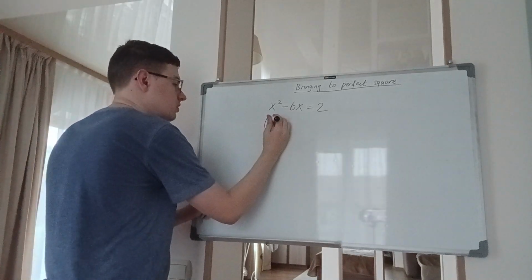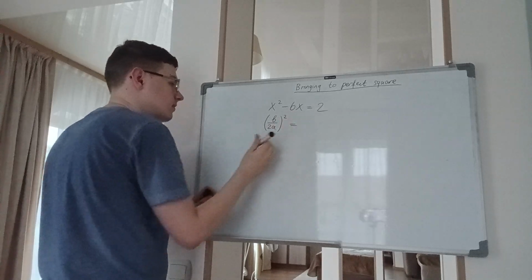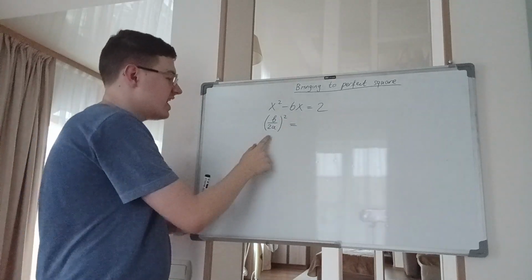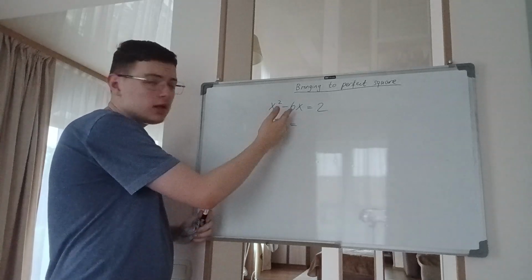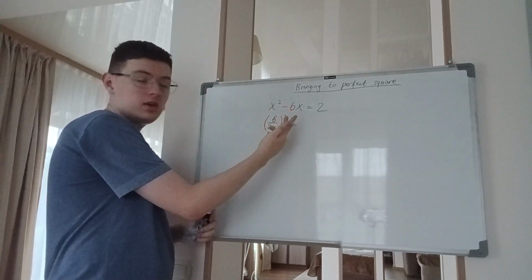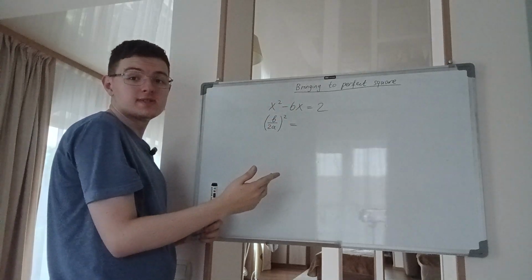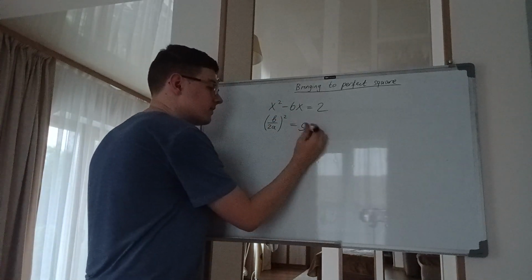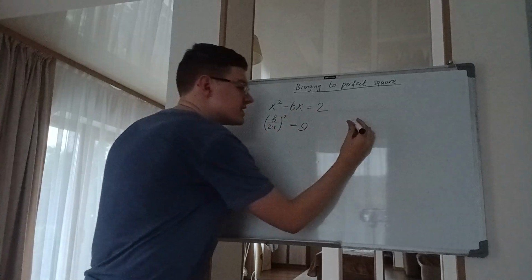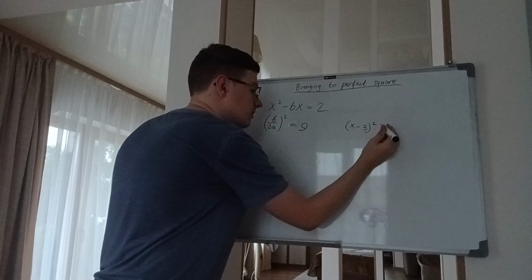So just calculate (b/2a)². Since a equals 1 here, all we need to do is just halve the coefficient b and square it. So −6 over 2 is −3, and −3 squared is 9. So let's add 9 to both sides.